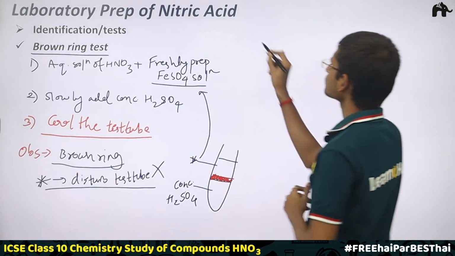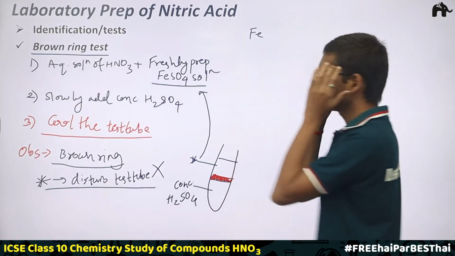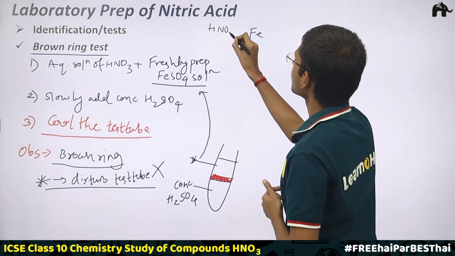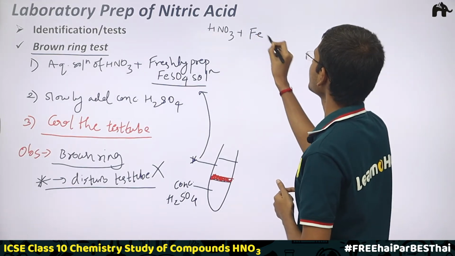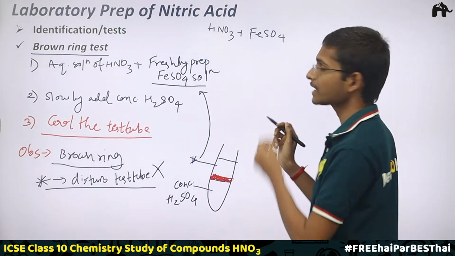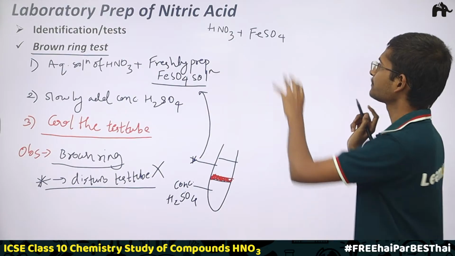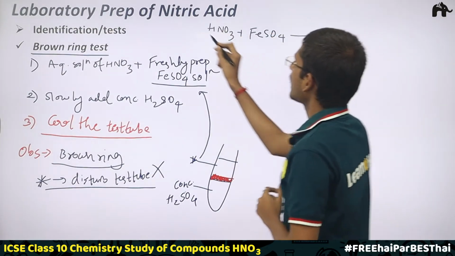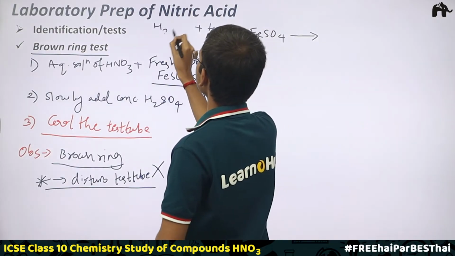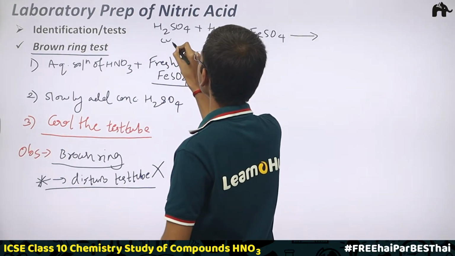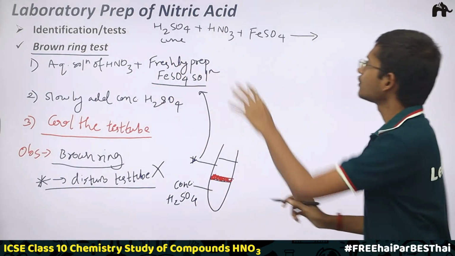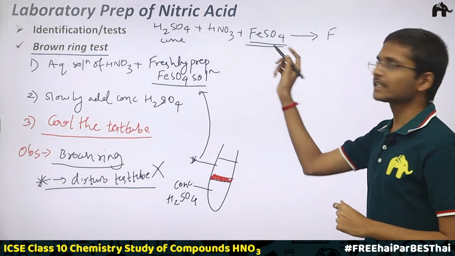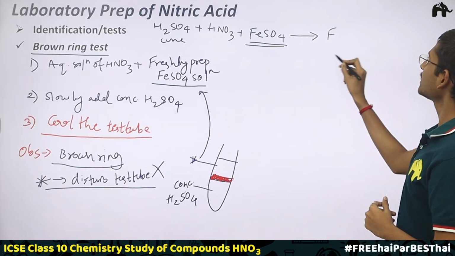For that, we need to just recall. We added, in the aqueous solution of nitric acid, freshly prepared FeSO4 solution. Now in this, I have also added concentrated sulfuric acid later on, in the second step. So here it is ferrous sulfate, but in the product we would get ferric sulfate.